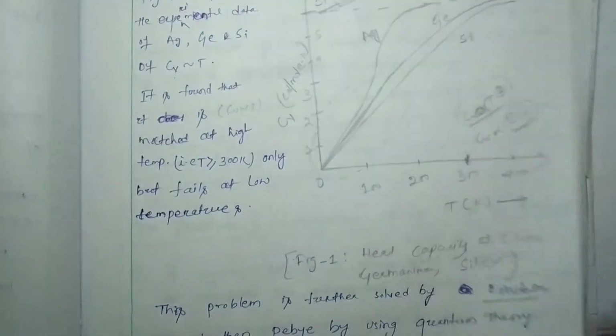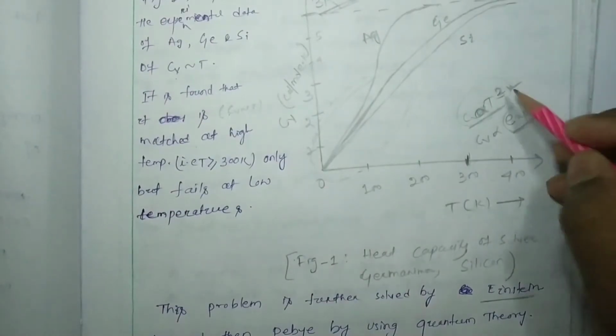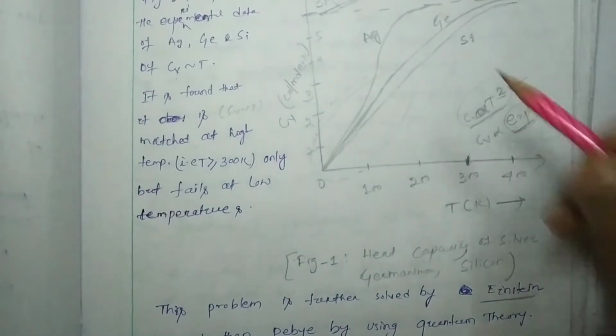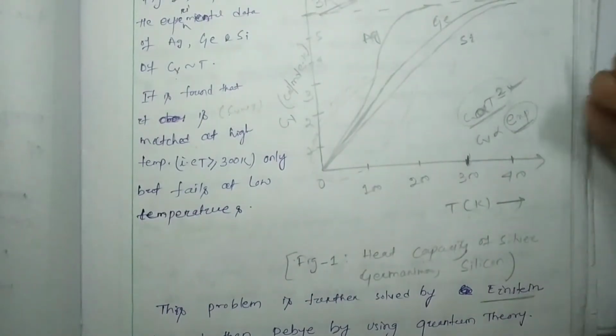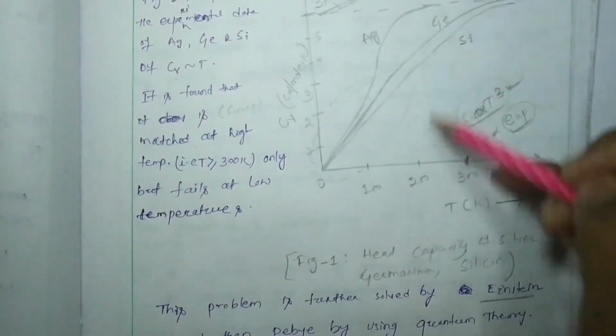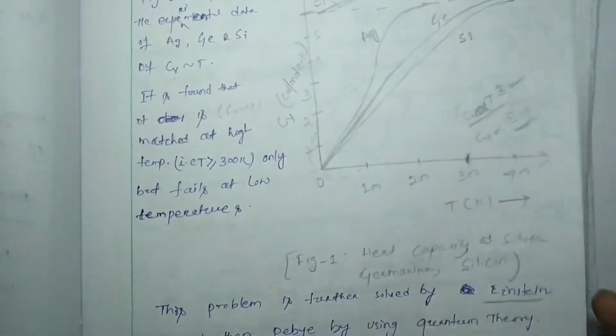So why and how it is T cubed was again modified by Debye, which we will discuss in our next class. But what Einstein did was to explain the lower temperature behavior, that Cv decreases with decrease of temperature, which we are discussing now.